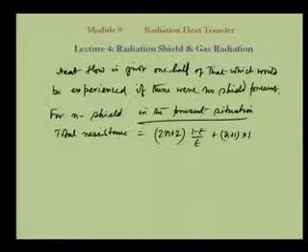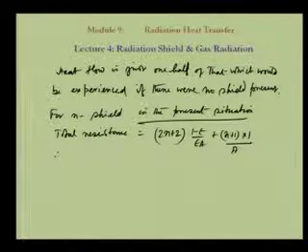This is another resistance, the view factor resistance, per unit area. With F12 equal to 1, this is the total resistance.